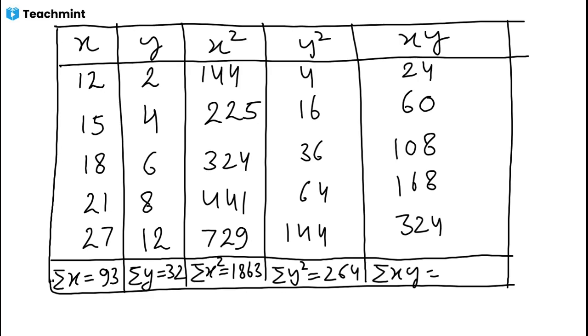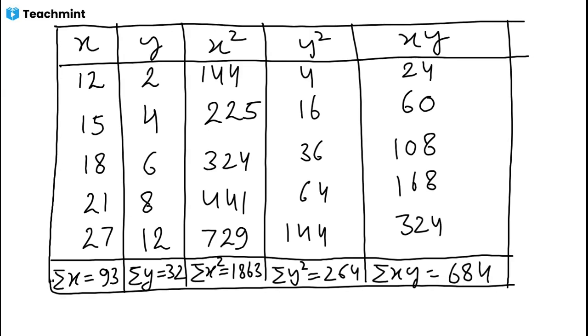Y square: 4 plus 16 plus 36 plus 64 plus 144 is 264. And 24 plus 60 plus 108 plus 168 plus 324 gives 684, summation xy.